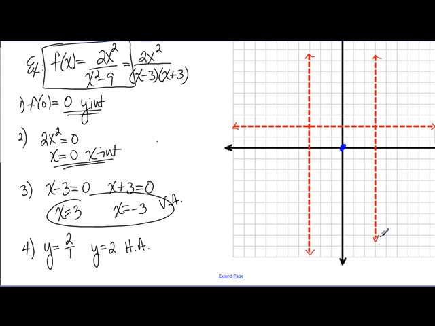So I need to evaluate this function at some other values of x in between negative 3 and positive 3. What I would recommend is, do this the easy way. Grab your calculator.